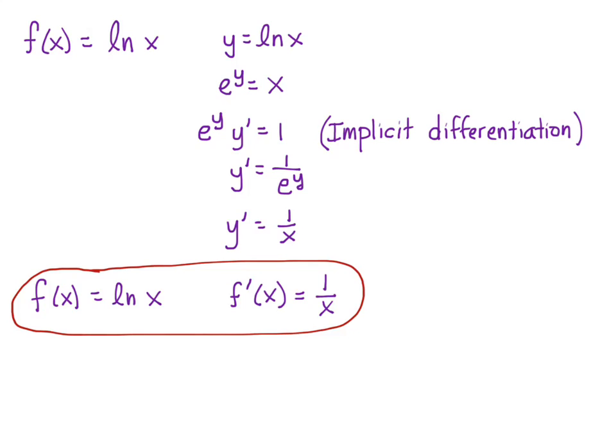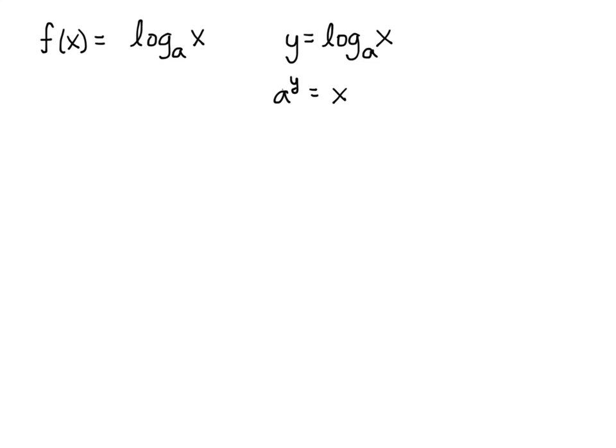Okay, and then the last one, before I let you go, is what about a general log? How do we take the derivative of the log base a of x? We'll restate it like we did before, and we know what the derivative of a to the y is. By the chain rule, the derivative of a to the y is a to the y ln a, and then y prime equals 1.